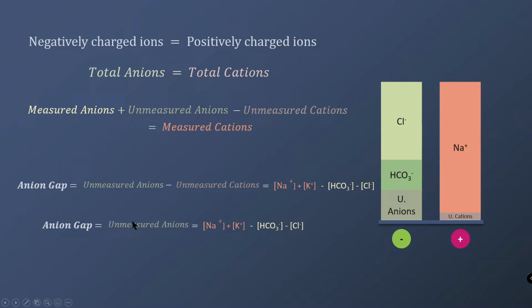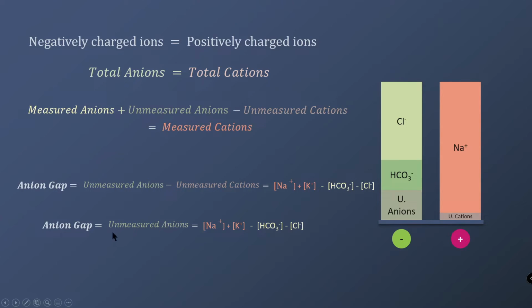Clear? So what is the definition of anion gap? Now by now you must have understood. Anion gap is the mathematical difference between unmeasured anions and unmeasured cations present in plasma, right? This is one type of definition.